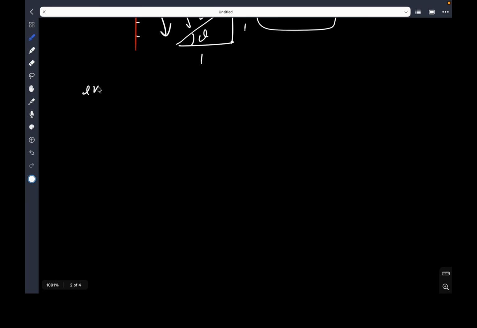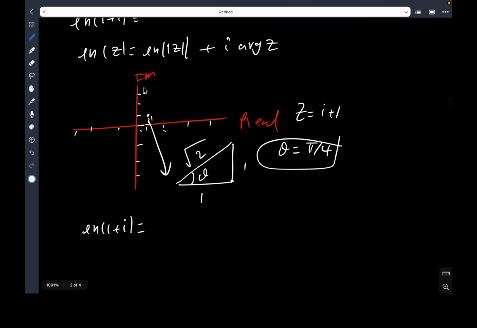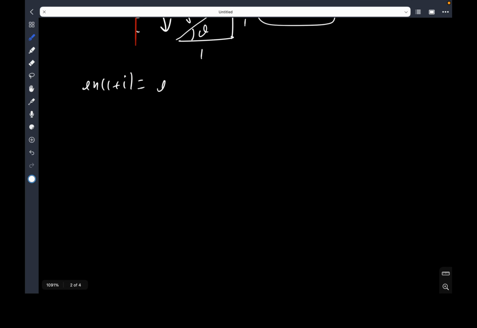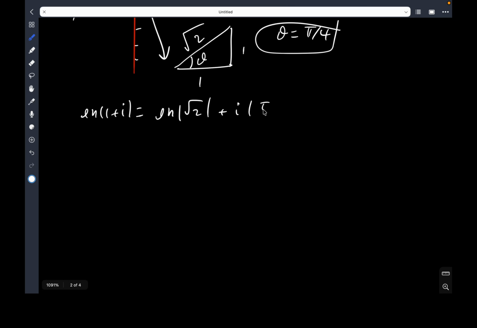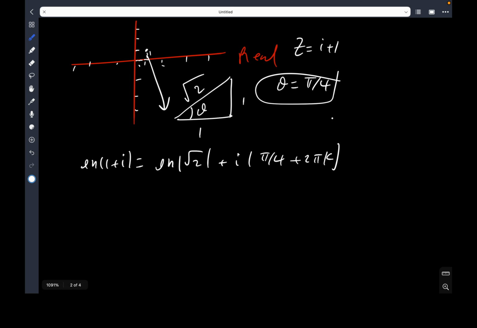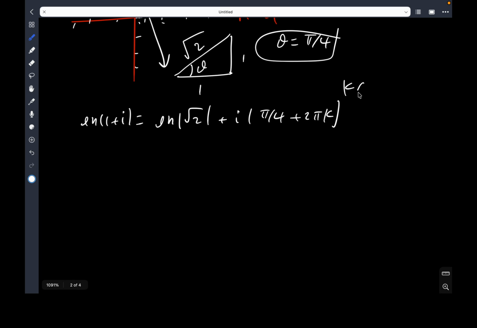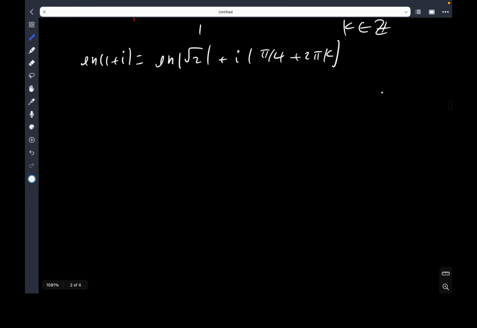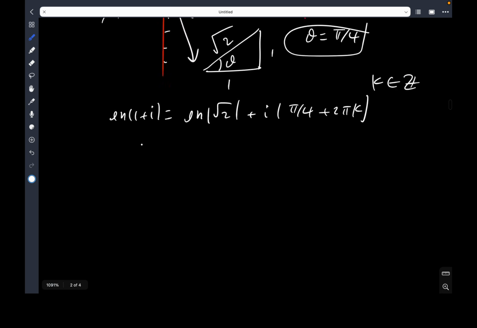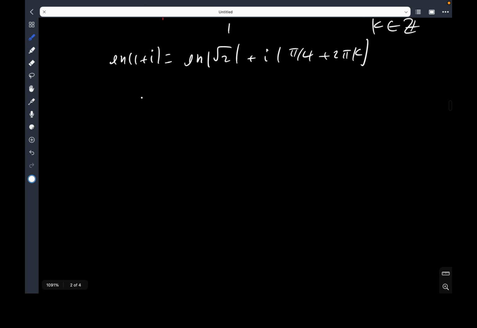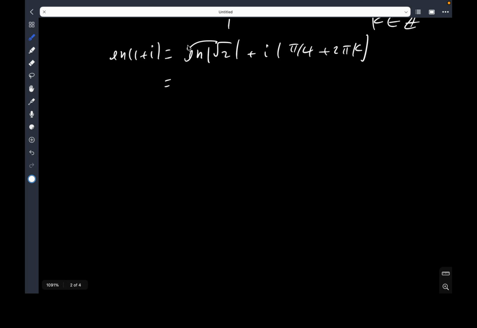So ln of 1 plus i equals ln of root 2 plus i times (pi over 4 plus 2 pi k), because this is periodic and we can extend it with k an integer. According to the properties of logarithms, I can move the power of half out front.